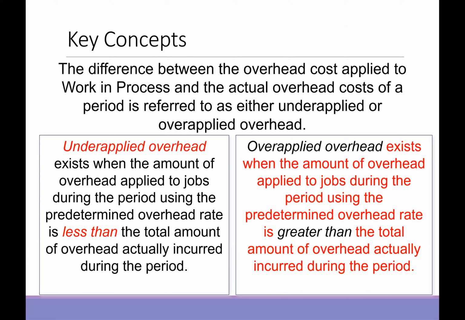It's going to be under applied if the overhead applied to jobs is less than the total actual cost during the period. If it's under applied, we're going to add that difference to cost of goods sold. If it's over applied, it's because what we applied during the period is greater than what we actually incurred.